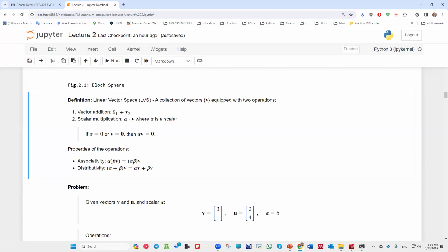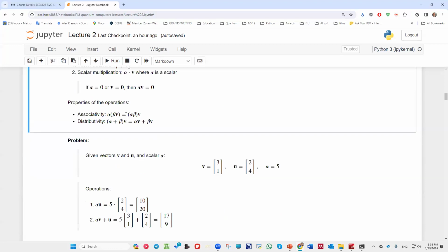For example, you have one velocity and you add another velocity, and it generates a third velocity in the space. Another operation is multiplying the vector by a scalar. In the general case, it can be a complex valued scalar. Again, multiplication of the vector with a scalar creates another vector in the same space.